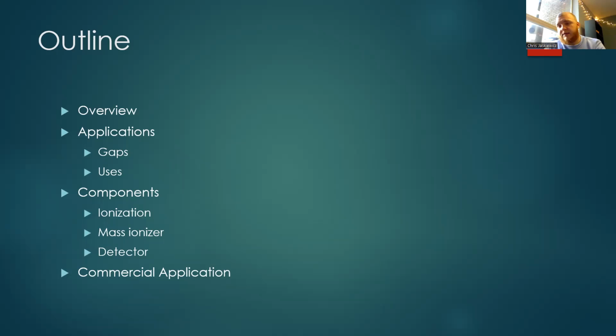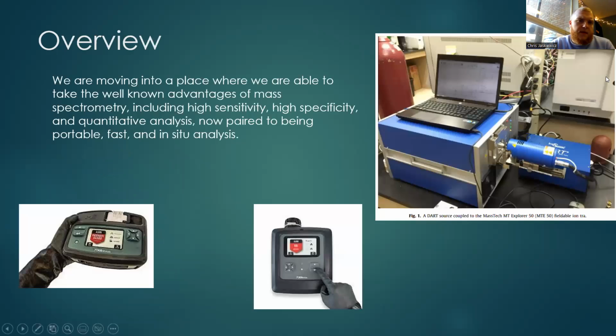Talking about the ionization source, what kind of mass analyzers we're using, and then the detectors. Then finally, I'm just going to hit it with the commercial application, just to give us an outlook into what this technology is really looking like today as a user interface.